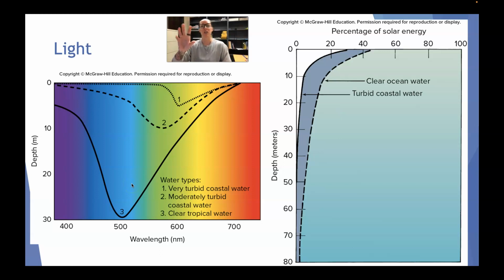You can also think of that experiment that I did with the sand in the jars and shaking them up, right? It took a while for the fine sediment to settle, but we noticed that we couldn't really see as well through it anymore. And that's what this idea on the right is also trying to show, in terms of percentage of solar energy on the x-axis and depth on the y-axis, where there's a greater penetration of solar energy in clear ocean water than in turbid coastal water.